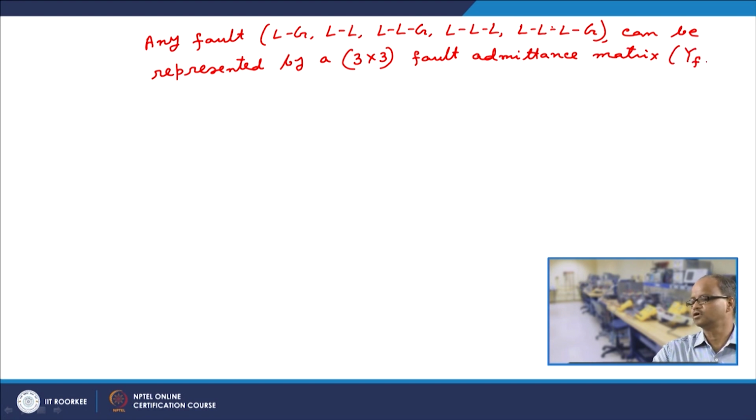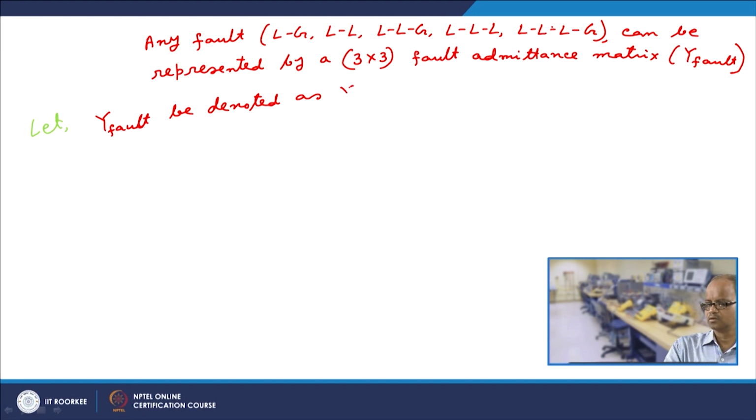So this is Y fault. In short, let us denote Y fault as Y P F A B C. What do the different quantities signify?